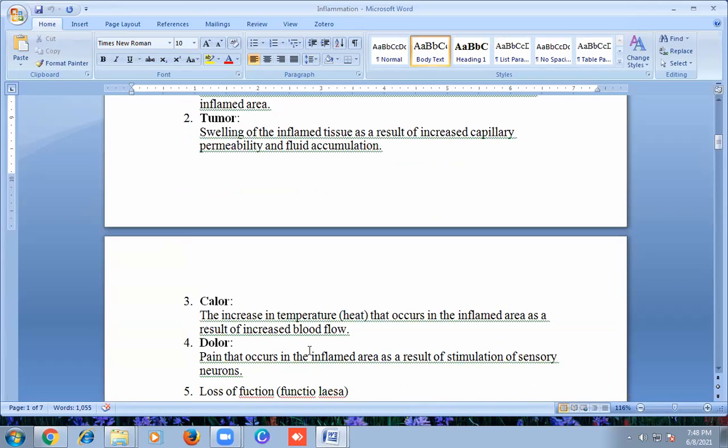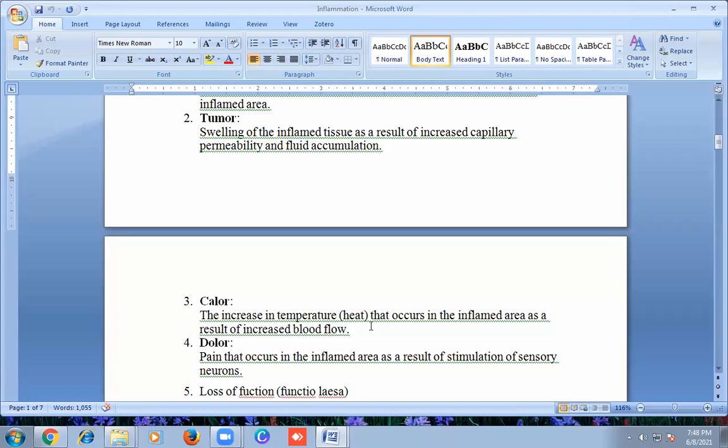Next one, calor, increased temperature. The inflamed area we will feel slightly hot, slightly warm. That is the calor, the increase in the temperature, that occurs in the inflamed area as a result of increased blood flow. Why do we feel a little warm?